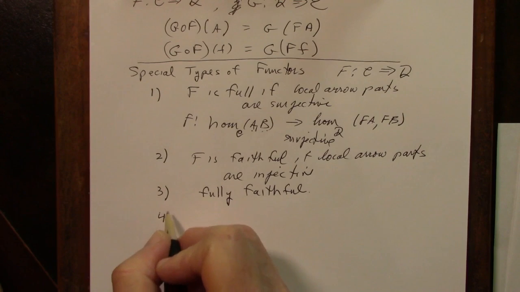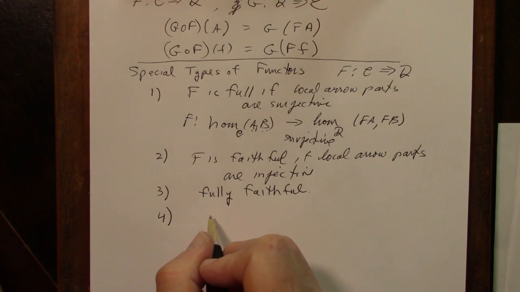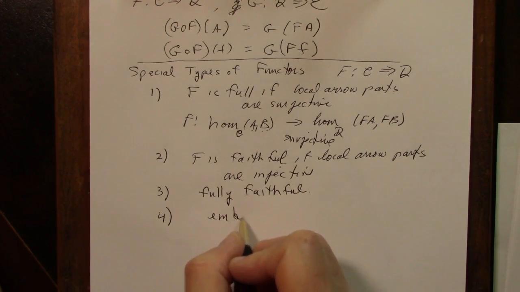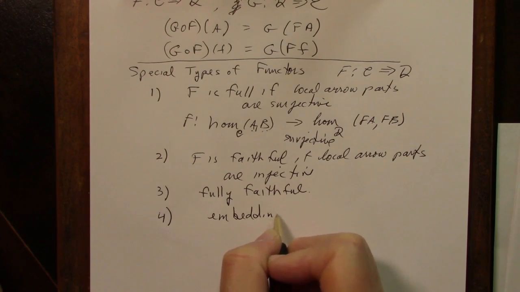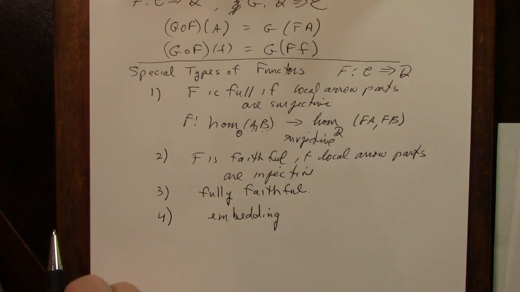There's another term related to this, and that is embedding. And as it happens, this is defined differently by different authors. Some authors define an embedding as simply a fully faithful functor. There are other definitions.